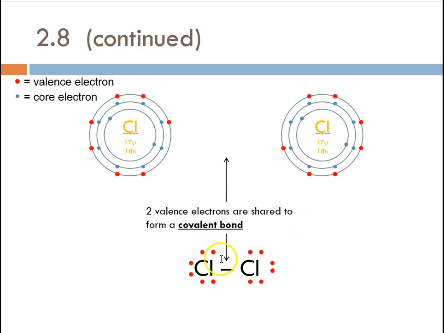If you look below here, this is another representation of how to write different types of reactions. So we're looking at chlorine and chlorine. At first, we were looking at only the valence electrons, because the other ones fulfill the octet rule.